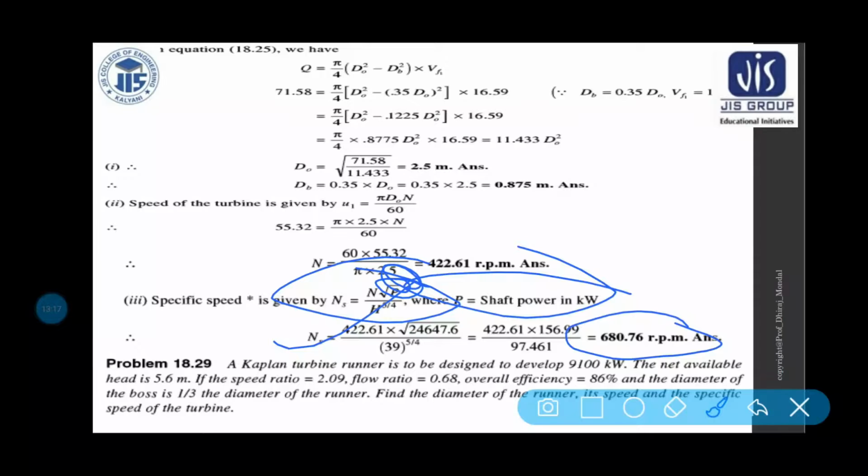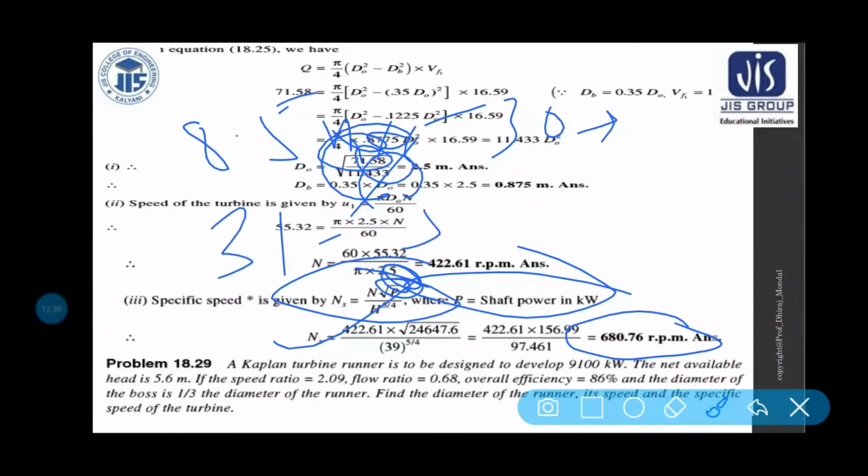Now this 608 signifies which type of turbine it is: a Kaplan turbine. Because we know that a specific speed of 8.5 to 30 is called a Pelton turbine with single jet. 31 to 55 is a Pelton wheel with double jet.